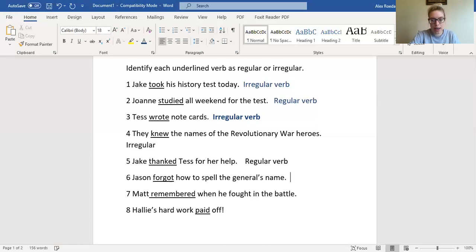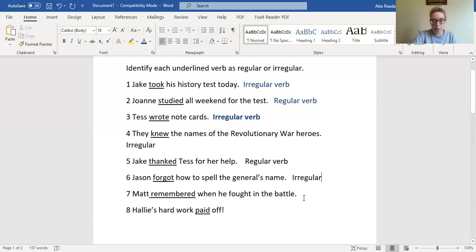Then if I look at number 6, Jason forgot how to spell the general's name. The present tense form of forgot would be forget. We don't say Jason forgetted how to spell his name. We would say forgot. So we changed the whole makeup of that verb, so that one would be irregular.